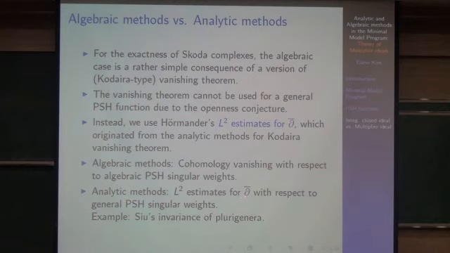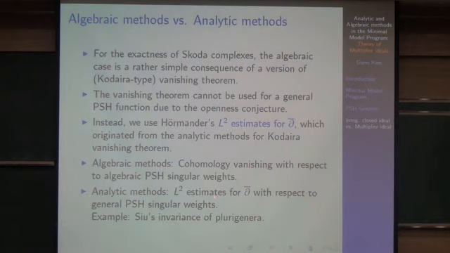At first glance this is quite interesting, because vanishing is about sheaf cohomology, but L2 estimate for d-bar is not only about cohomology, it's more about solving the d-bar equation.